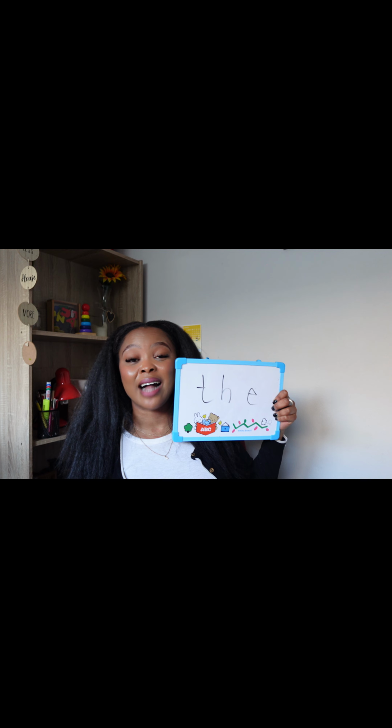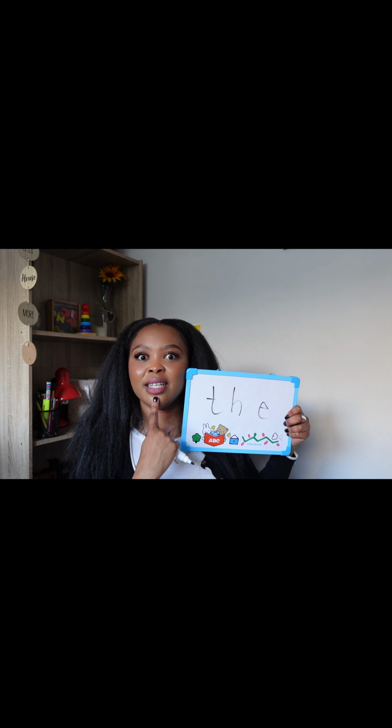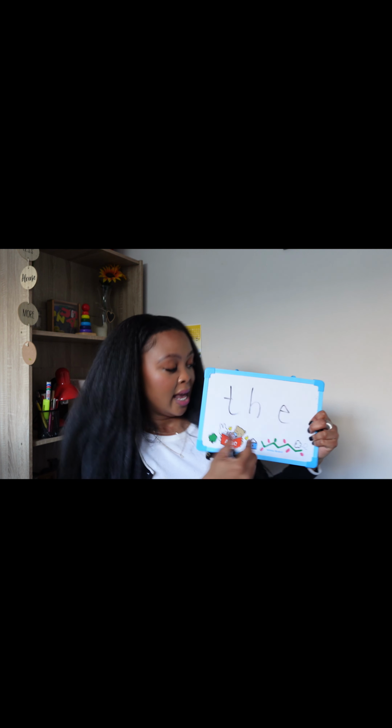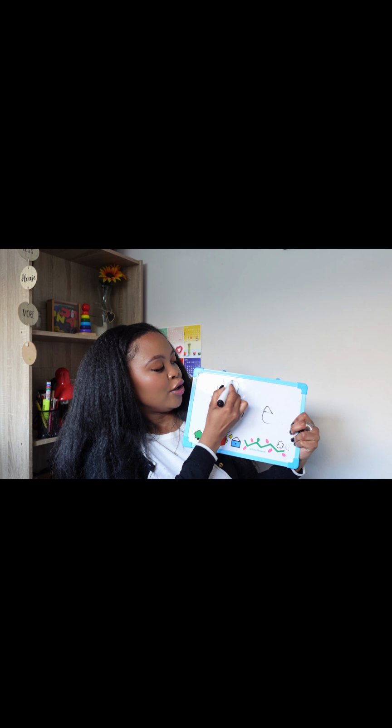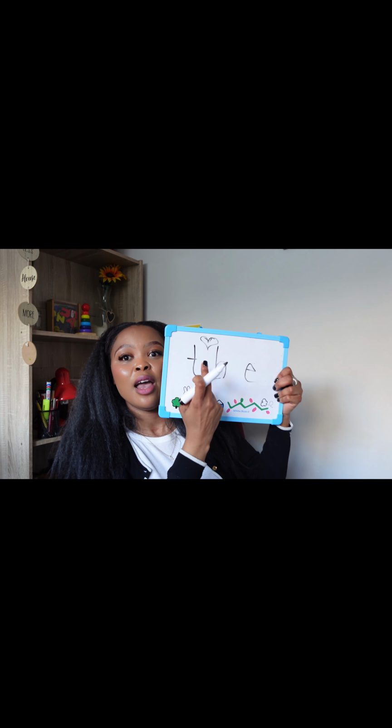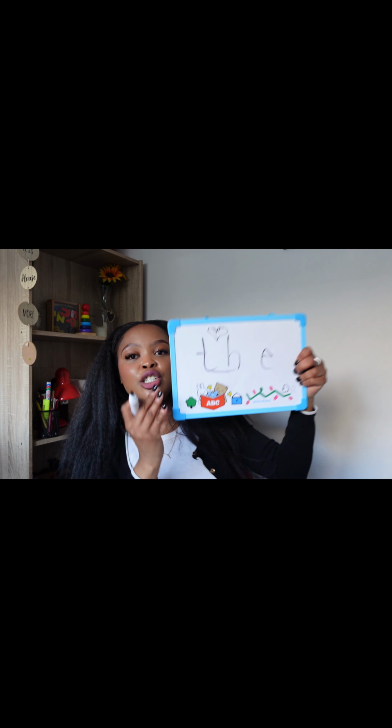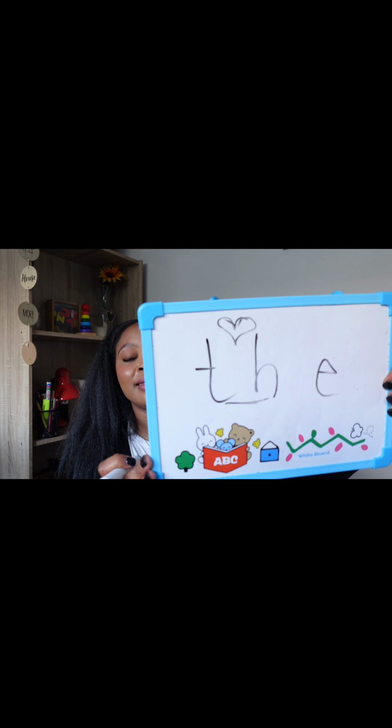So you teach your child that whenever you hear something sounding like th, it is usually written like this. And because this is a bit of a new thing and it's a bit of a surprising thing, we put a heart over it just to remind them that this is the part of the word they should remember. Let's go to the following sight word.